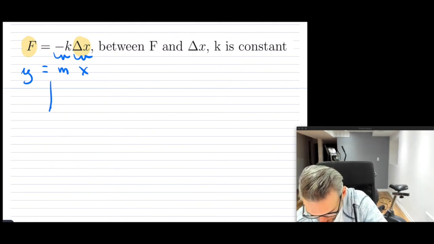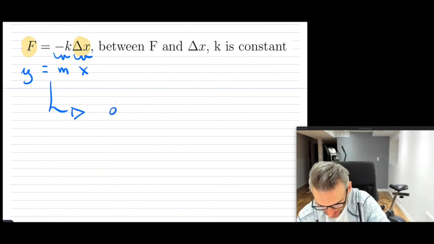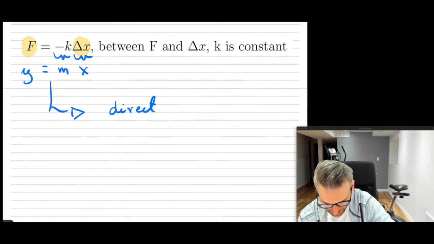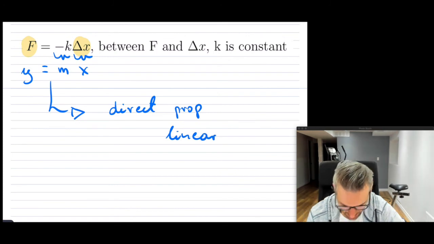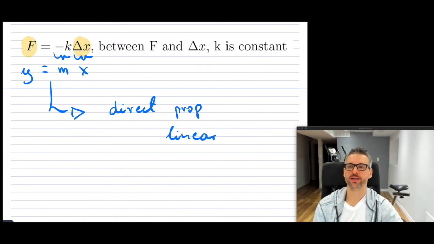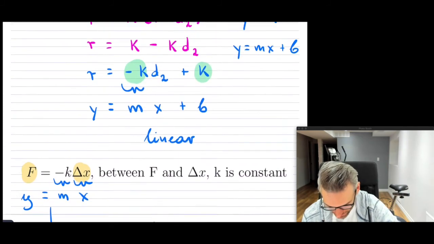So from what we've discussed, this one is a little bit easier, and this is a direct proportion. And of course direct proportions are always linear. So that's this particular example.